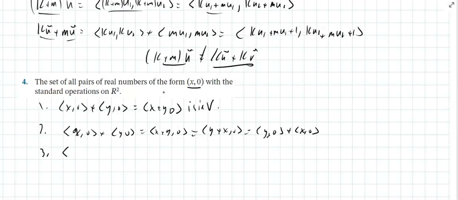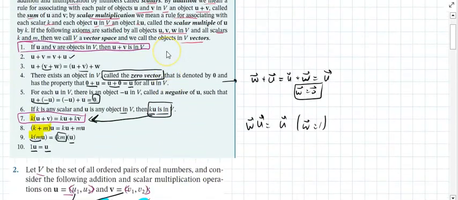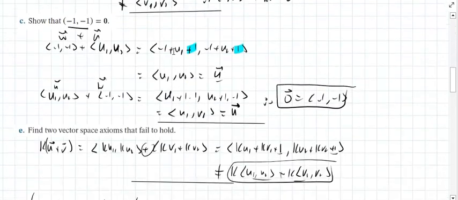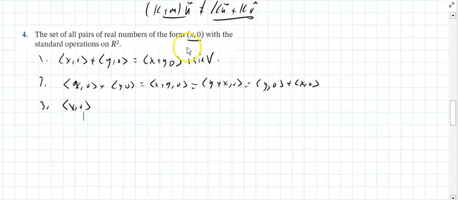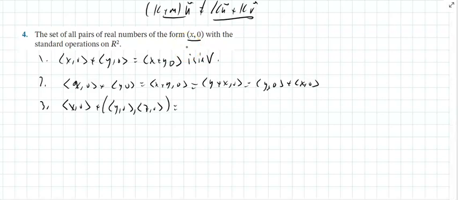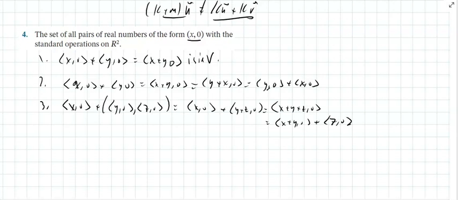Axiom 3, if we take x,0, what was the third one? I forgot. Okay, so you're going to add this plus y,0, z,0 should equal x,0 plus y plus z, 0, which is x plus y plus z, 0, and I could say that is x plus y, 0 plus z, again, vector addition, nothing more.